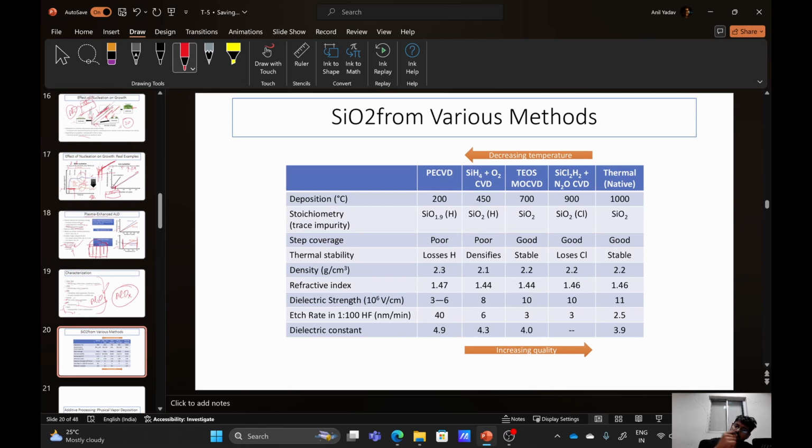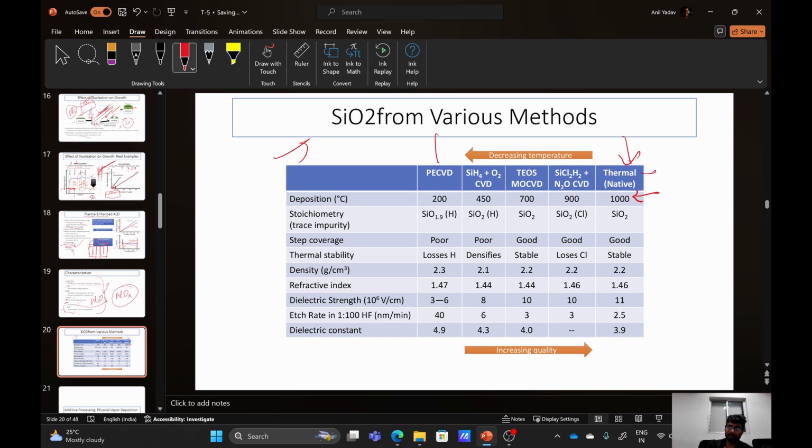So there are various methods that have been used for SiO2 deposition. So what are the advantages and disadvantages of the processes that we can see? Thermal, let us say this is thermal for the native oxide growth, the thermal oxidation that we have done, that happens generally at a higher temperature, so the energy input is very high in this case.